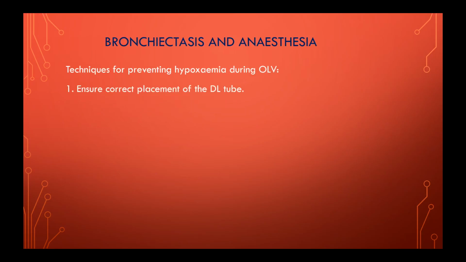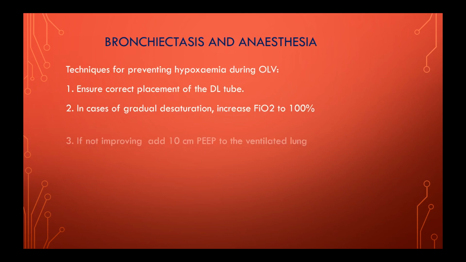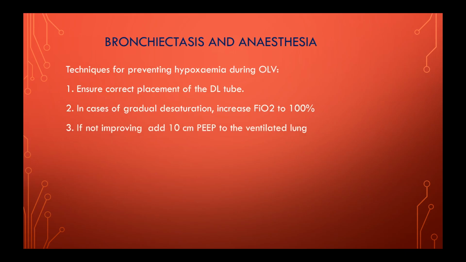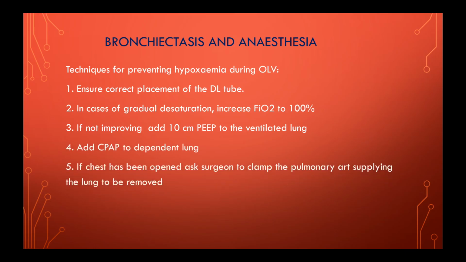Techniques of prevention of hypoxemia is another common question they ask you during one lung ventilation. Ensuring correct placement of the tube is a very, very important fundamental step. In cases of gradual desaturation, increase FiO2 to 100%. If not improving, add 10 centimeters of PEEP to the ventilated lung or add CPAP to the dependent lung, which is not ventilated.